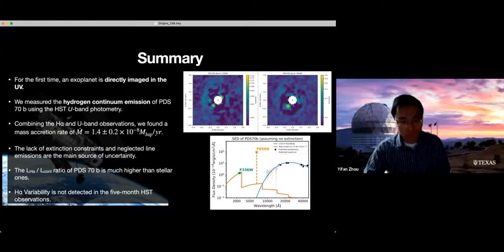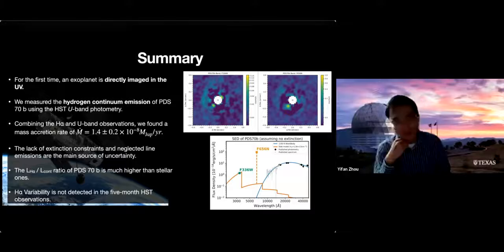We get a very high ratio between the luminosity of H-alpha and the continuum emission, which suggests that there may be a radiative transfer mechanism difference between the accretion onto PDS 70b and, in general, giant planets versus the accretion onto a star.